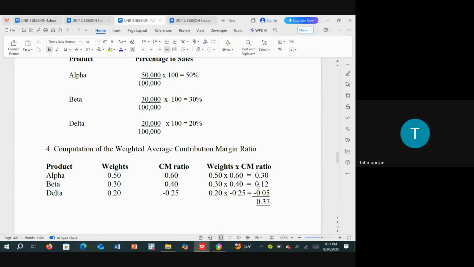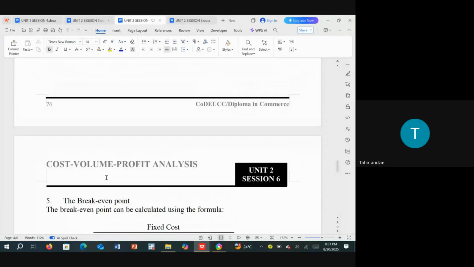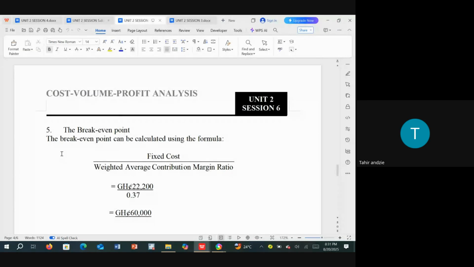This one gives you 0.12, and this one gives you negative 0.05. So when you add them, you get the weighted average contribution margin ratio of 0.37.